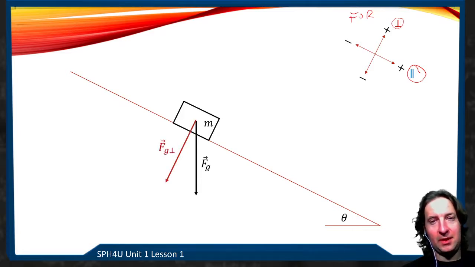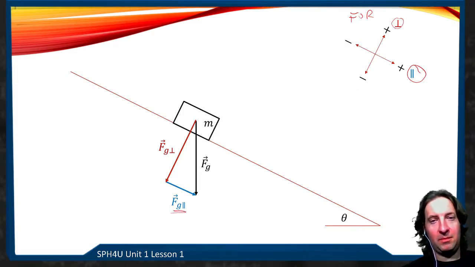So we're going to break it up into two vectors. Instead of going straight down, we're going to go one vector perpendicular to the ramp, and another vector parallel to the ramp. Okay, and so really the motion is going to be caused by this parallel vector.